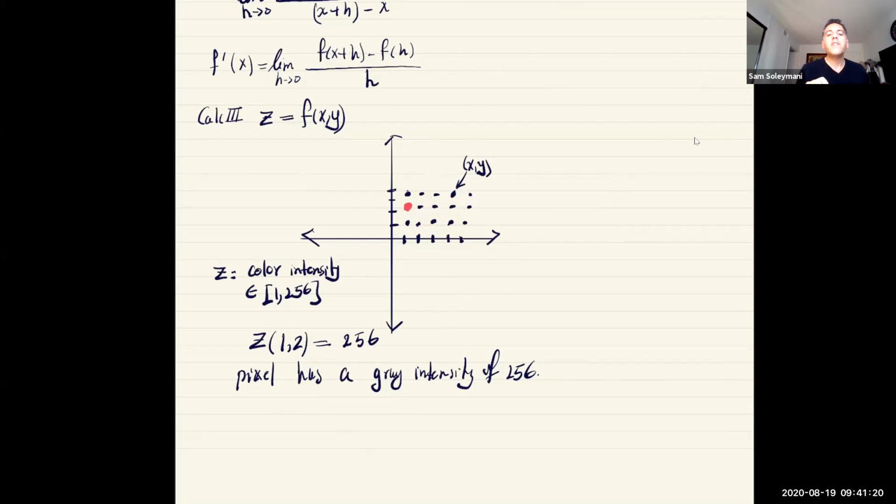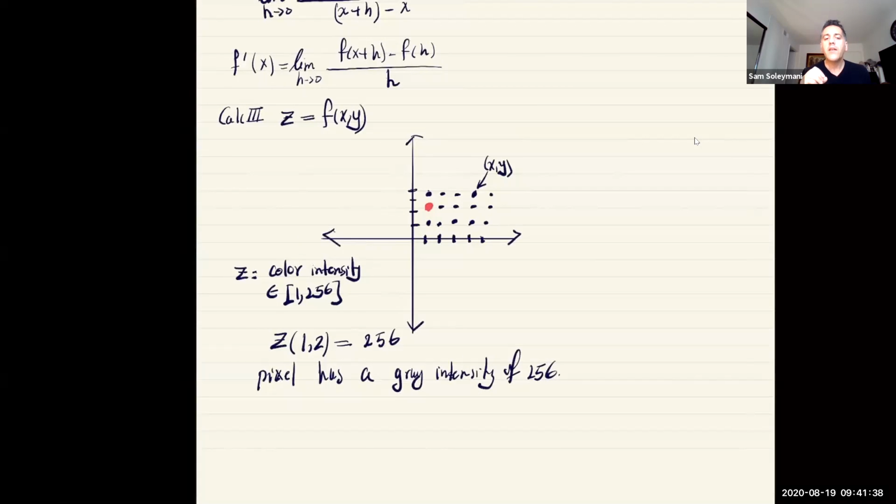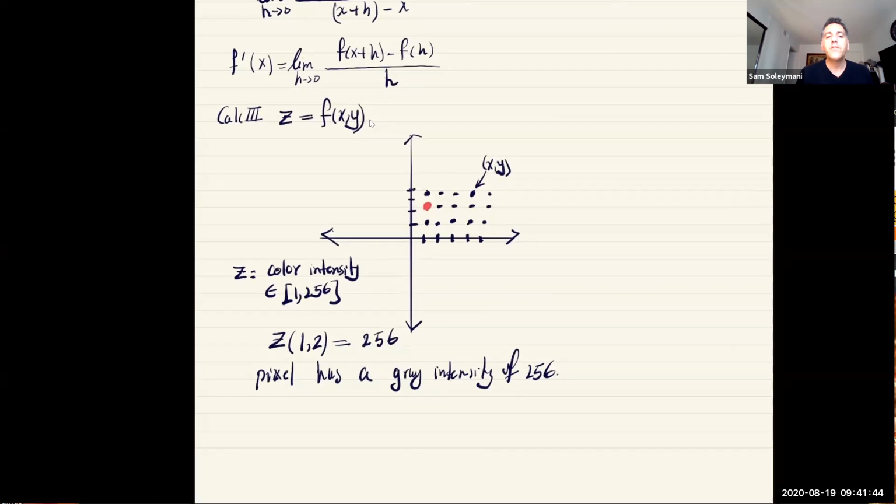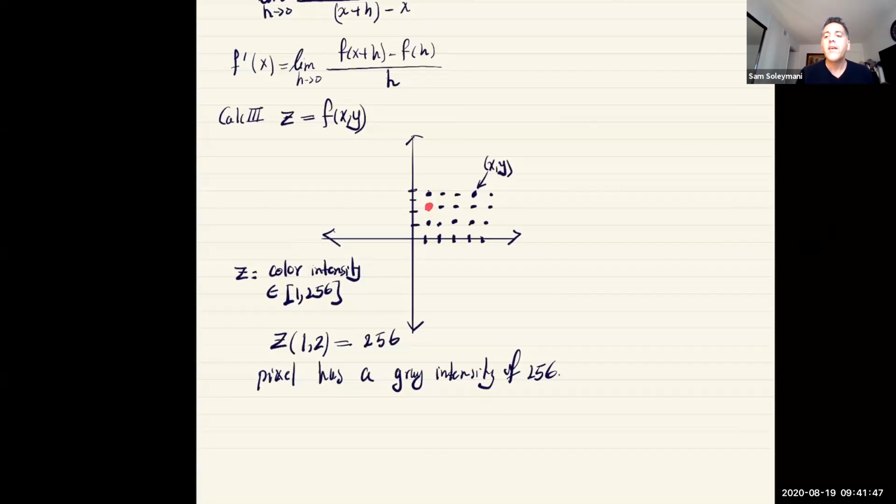What the computer does is that it finds where the function z equal to f of x, y fails to be differentiable. Because when a two-dimensional function like z equal to f of x, y is not differentiable, then there is an edge. At the edge, the function becomes not differentiable.